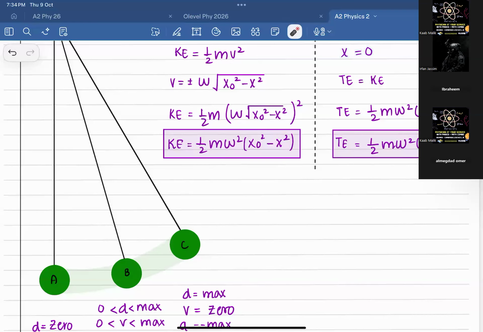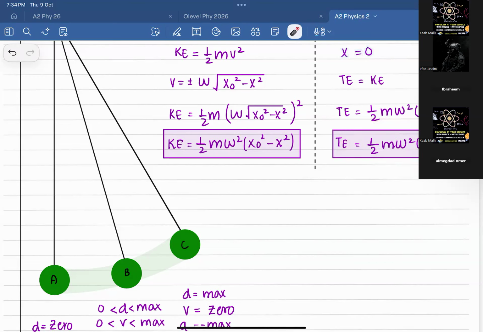So the total energy contains all of the variables that are fixed, okay: the amplitude is fixed for a specific oscillation, the omega, the angular frequency, is fixed for every specific oscillation, and the mass is fixed for a specific pendulum, or a specific system, right? That is why there isn't any quantity in this formula that is changing. So we can say that this formula works for any point of the oscillation, right?